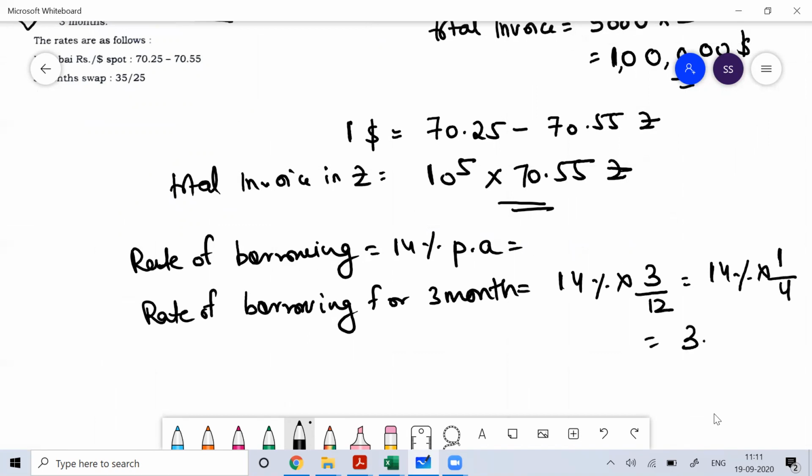That is equal to 3.5%. This is the rate of borrowing for the 3 months.